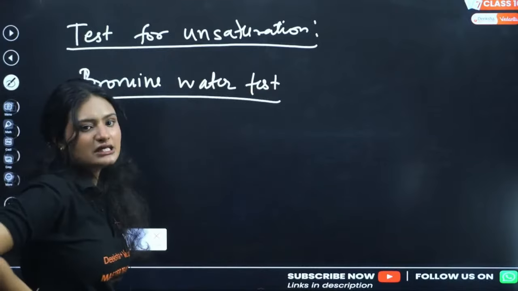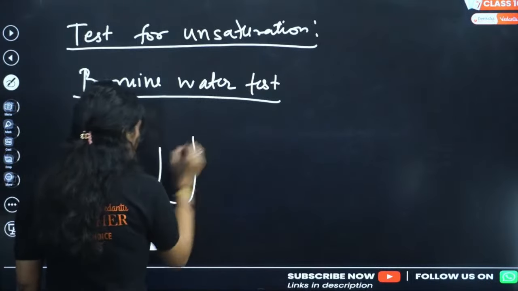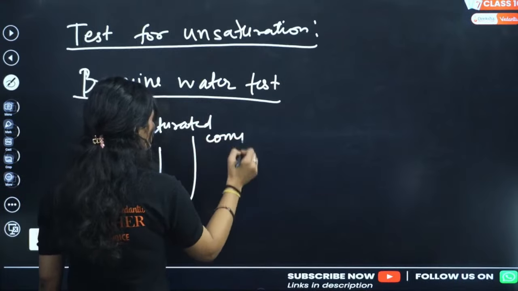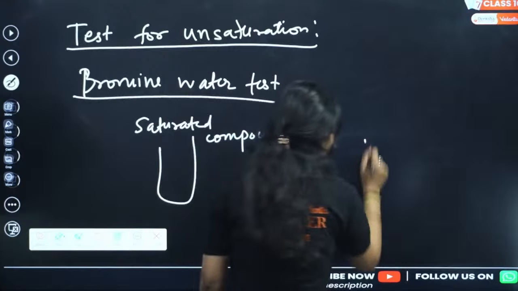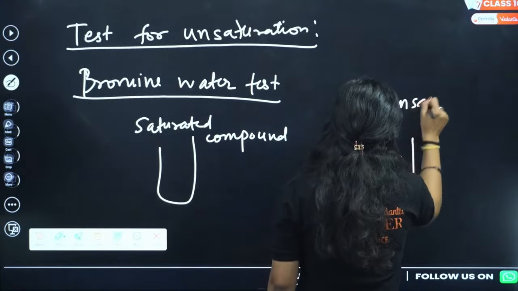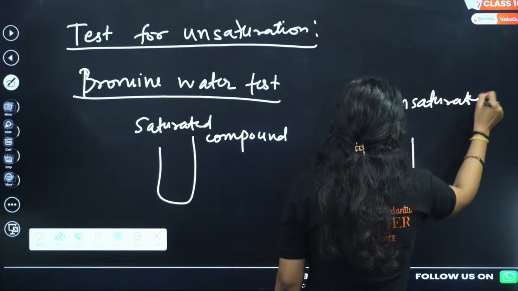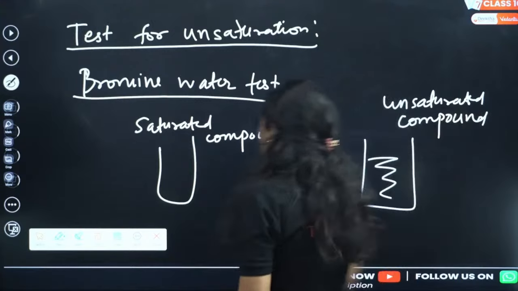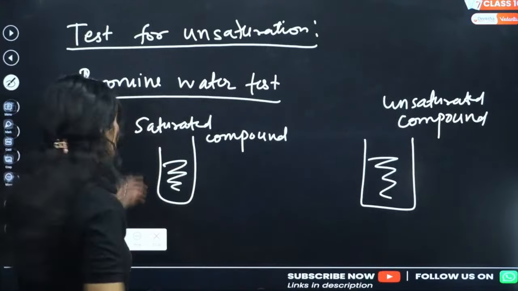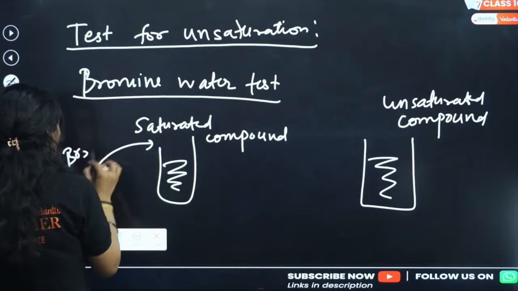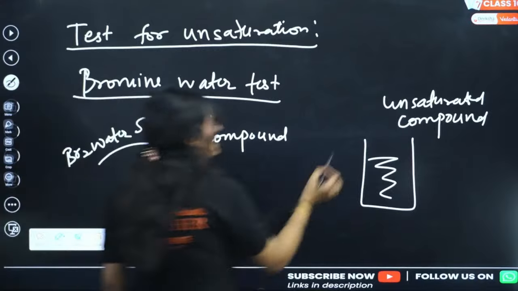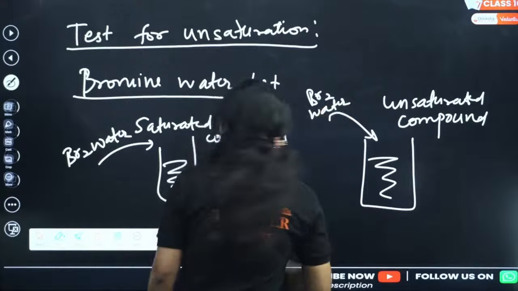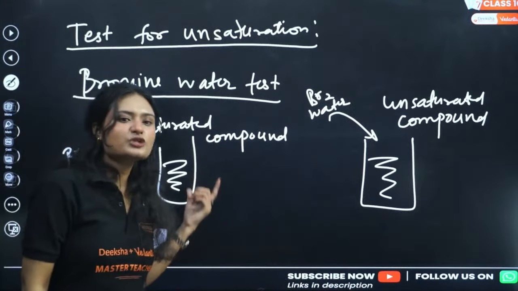Clear? Bromine water test. So if you have a saturated compound, let's say this is a saturated compound, and on the other side you have an unsaturated compound, and you add bromine water, Br2 water, to each of these, what will happen?